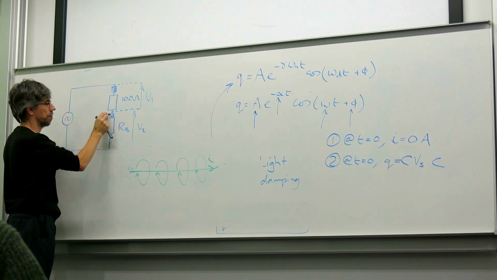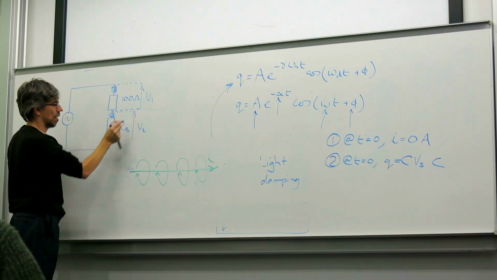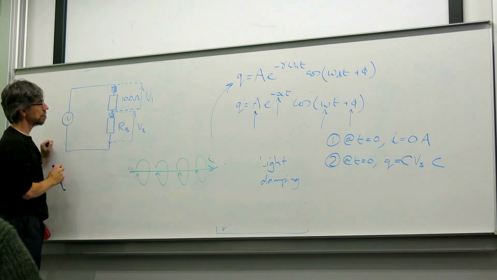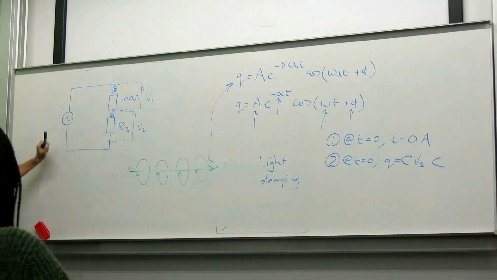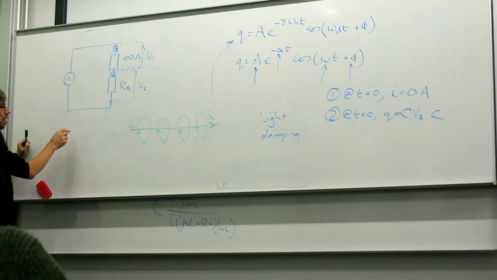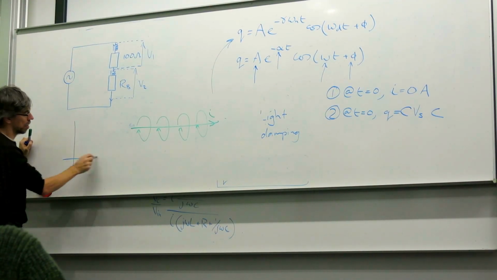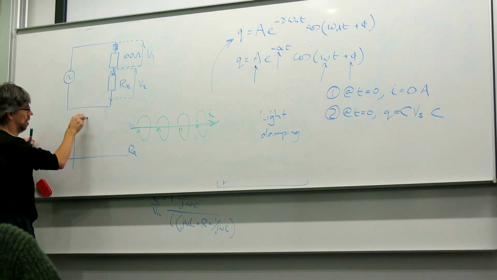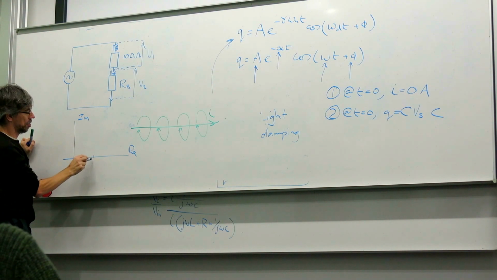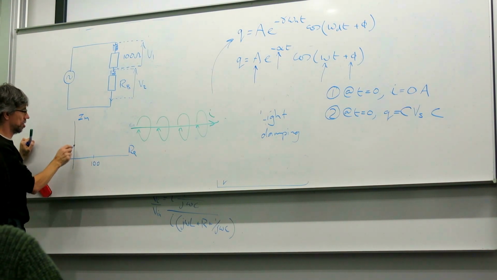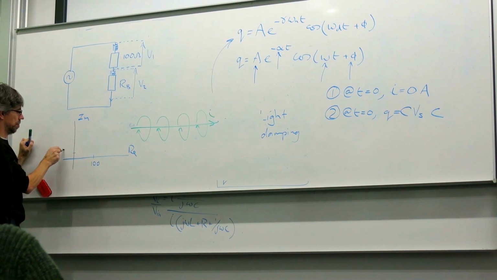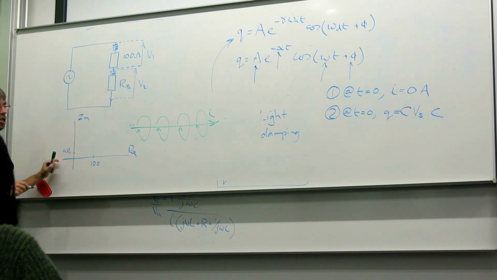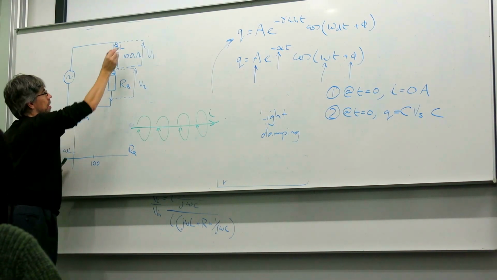It's got a little bit of parasitic inductance. So what we've now got, if we draw the impedance for just one of those, is 100 ohms resistance plus a little bit of inductance.